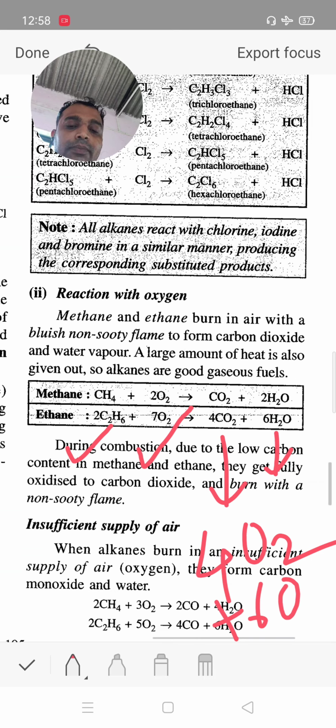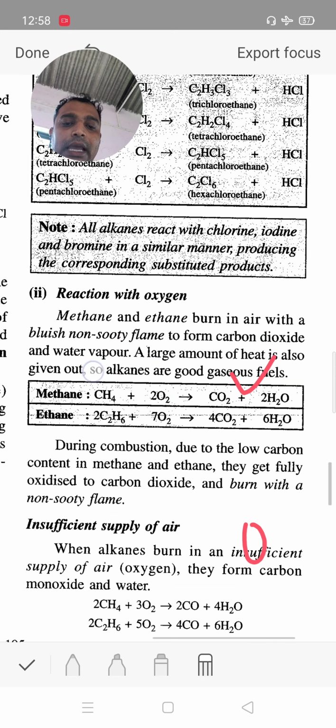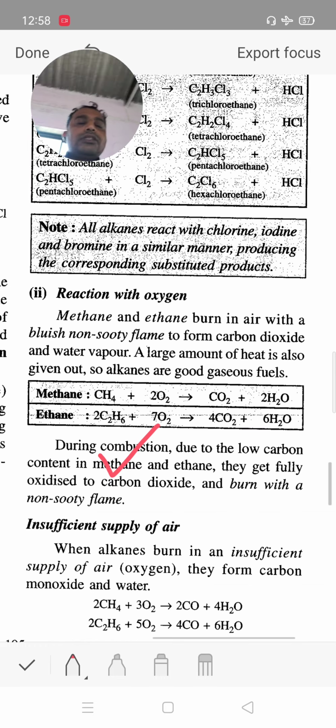The number of hydrogen is 12 in the reactant and in the product also. Count these, students, and the number of carbon is 4. This is a balanced reaction when ethane undergoes combustion in presence of air to give 4 CO2 plus water and energy.